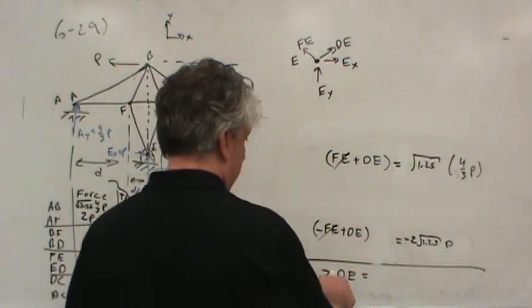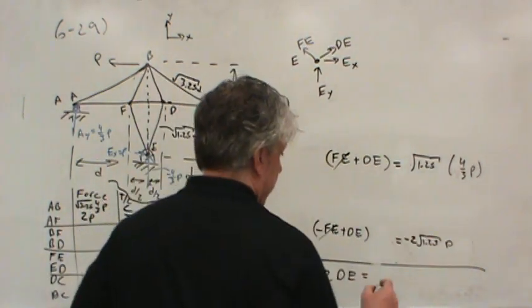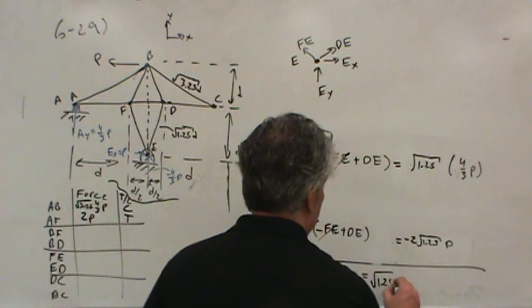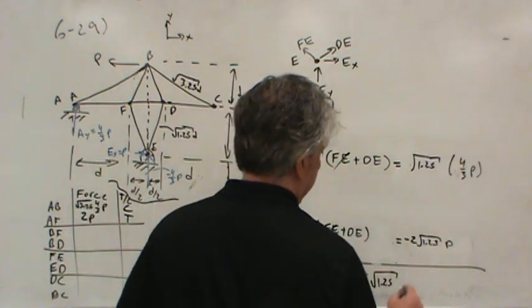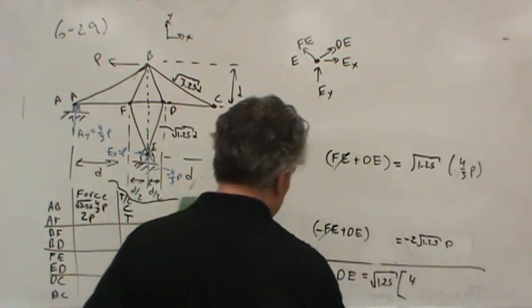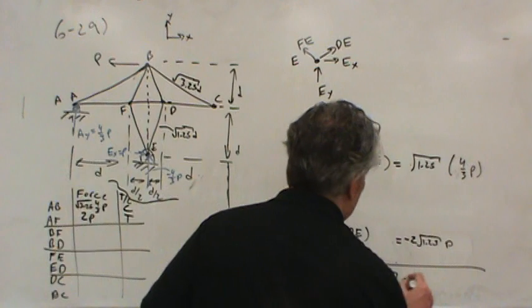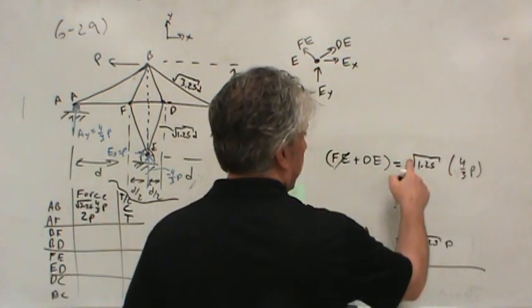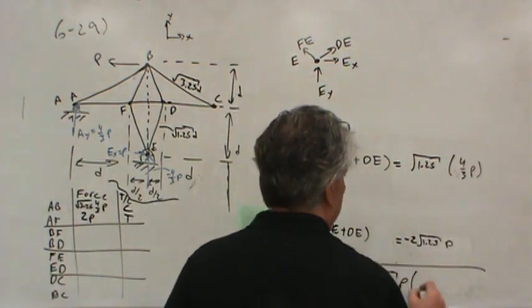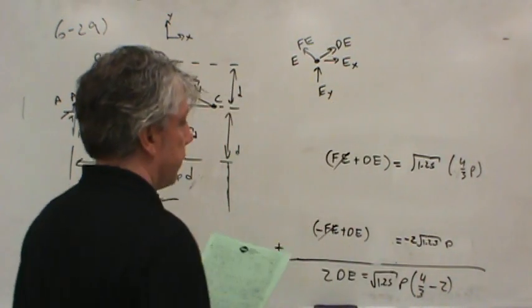So 2DE, and notice both have the same factor of root 1.25, so let's pull that out. They have a P there as well, so let's pull that out too. Taking care of the P and the root 1.25 in both terms, but then we'd have 4/3 minus 2.